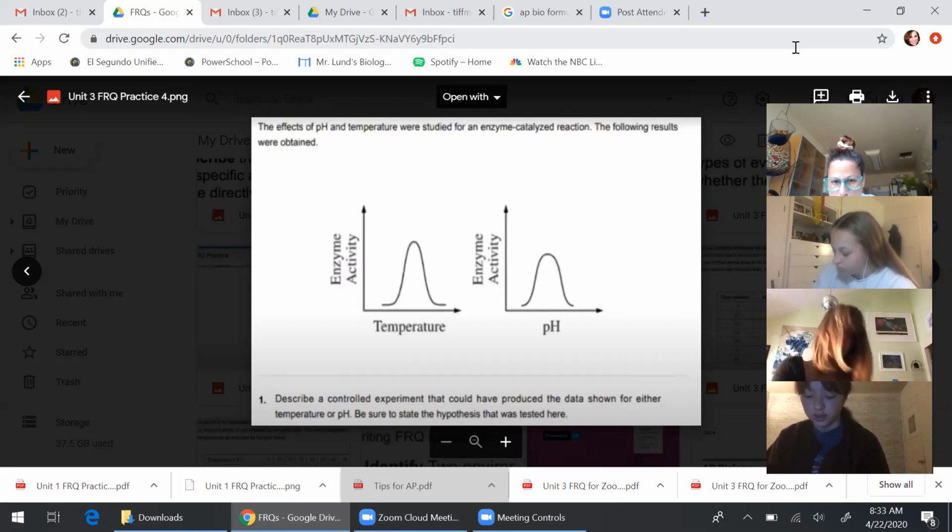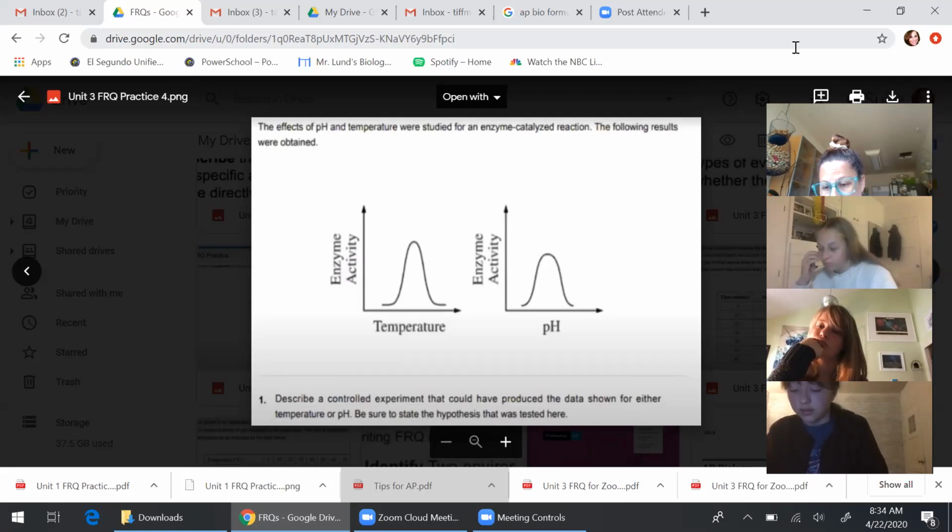Yeah. I said the hypothesis for this experiment is, if temperature is varied along with pH, then the highest enzyme activity will be at 55 degrees Celsius or 7 pH, kind of specific numbers. Perfect. Great.